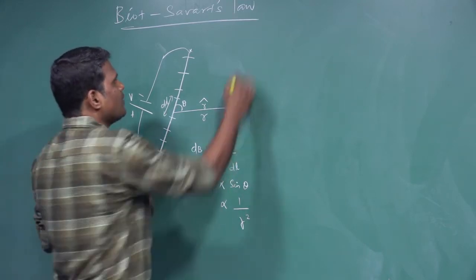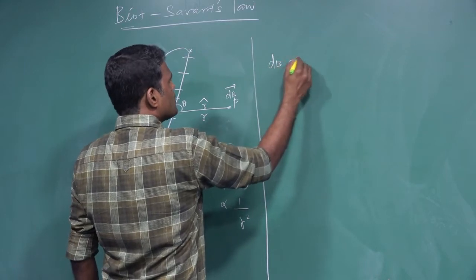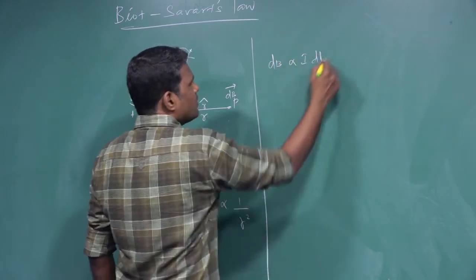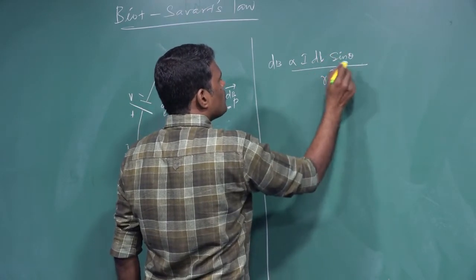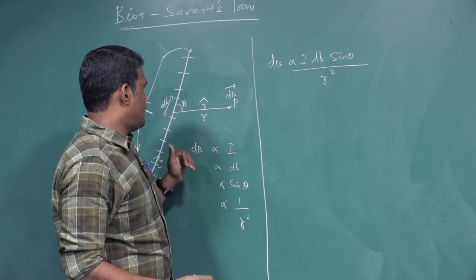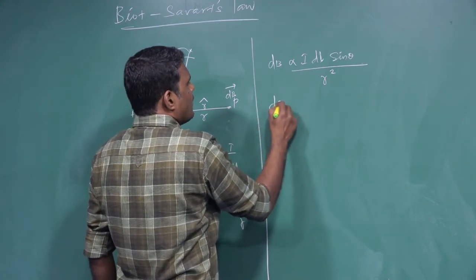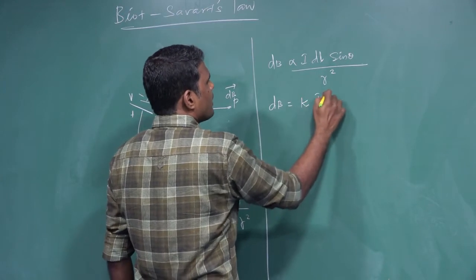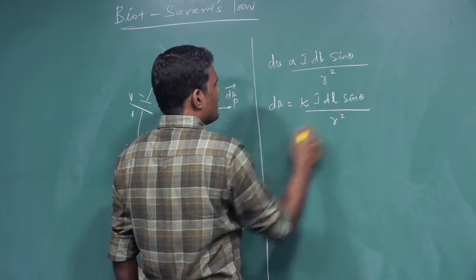So as a cumulative expression, I can write dB is directly proportional to I, directly proportional to dl, directly proportional to sine of the angle theta, and inversely proportional to the square of the distance between the current element and the point P. So if I cancel the proportionality, I can write a constant k. dB equals k I dl sine theta divided by r square.